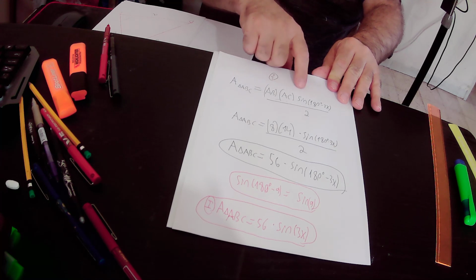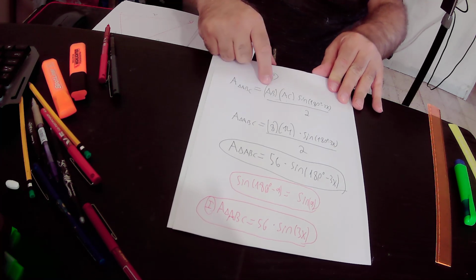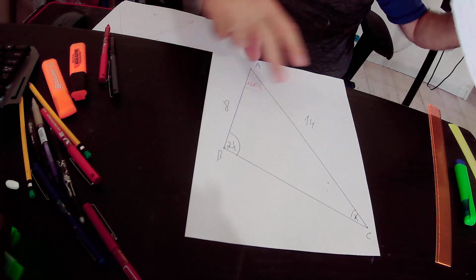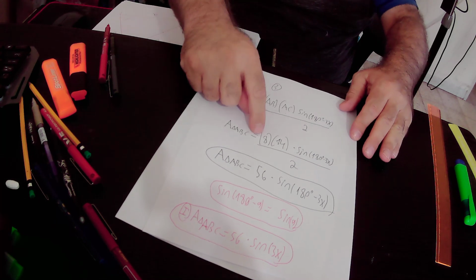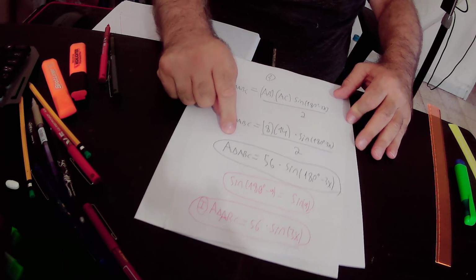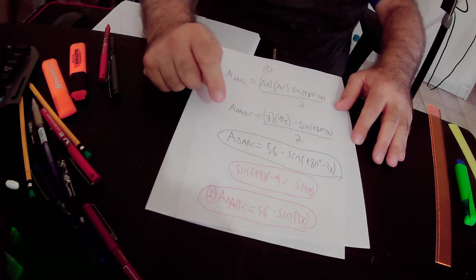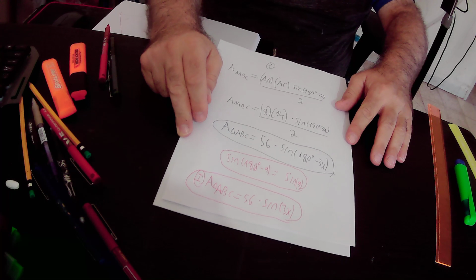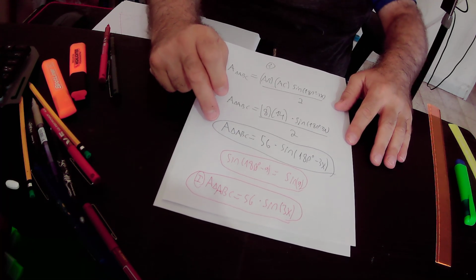And we know that AB equals 8 units, AC equals 14 units. So the area of triangle ABC equals 56 times sin of 180 degrees minus 3x. And we have the trigonometric identity that states that sin of 180 degrees minus alpha equals sin alpha.